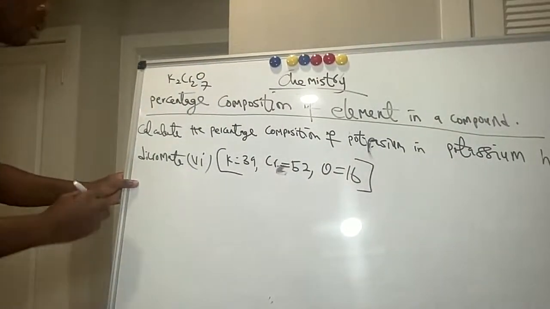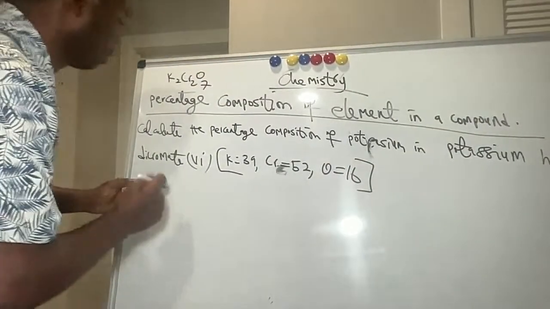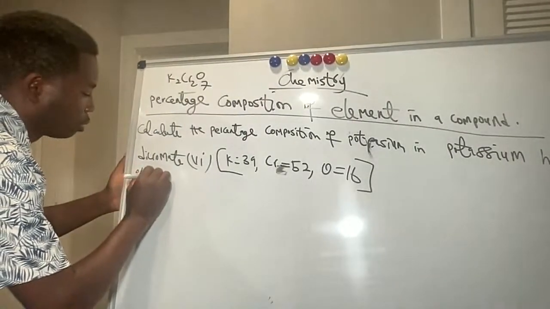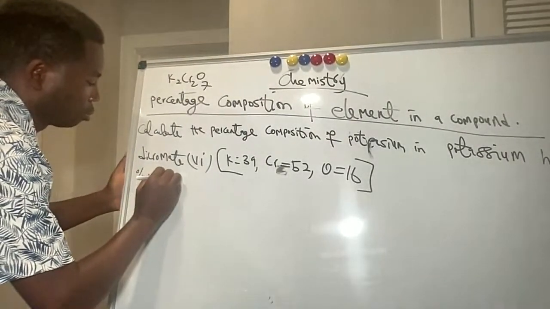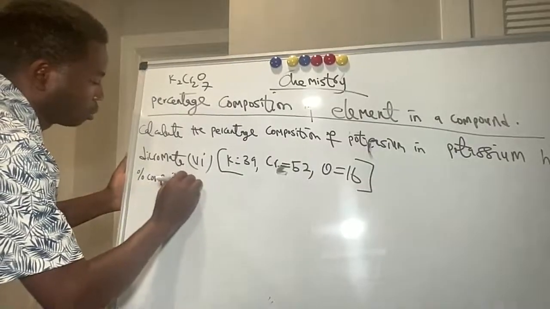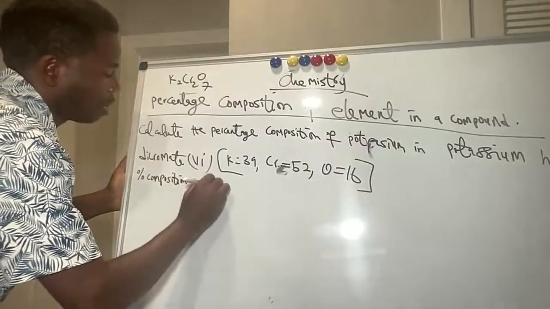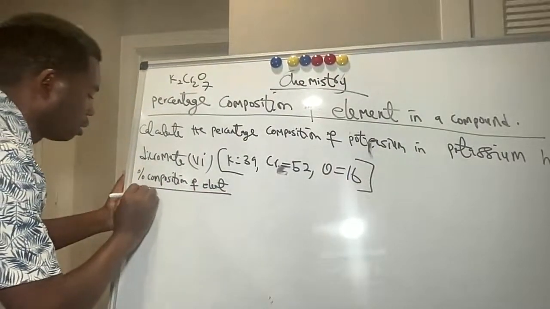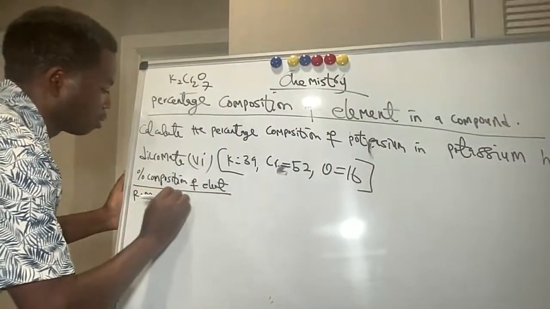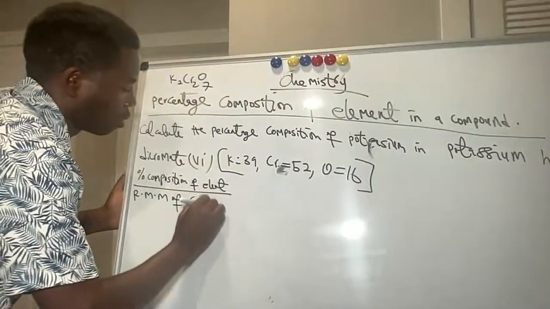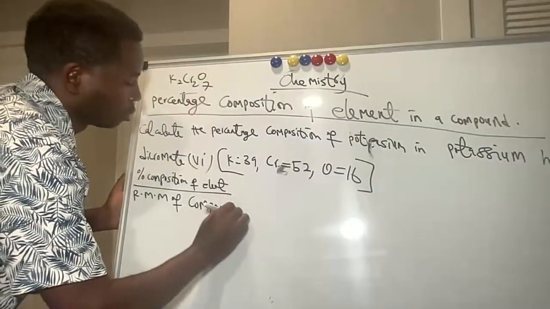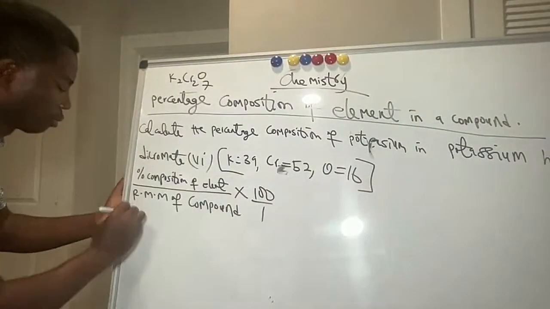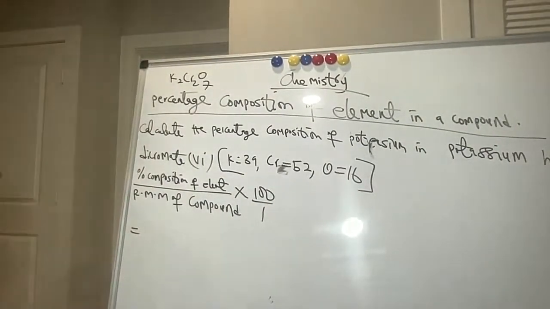Now, what is our formula? Our formula is percentage composition of an element over the relative molecular mass of the compound, times 100 over 1, which is equal to the percent composition of the element.